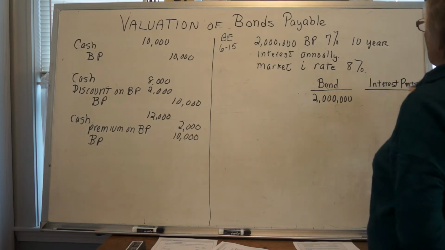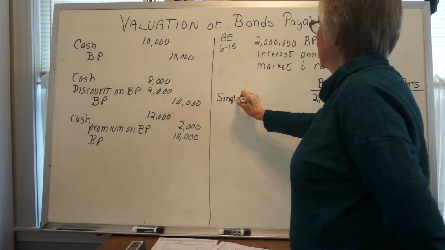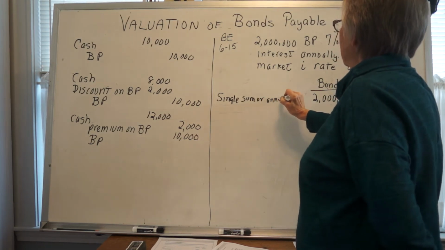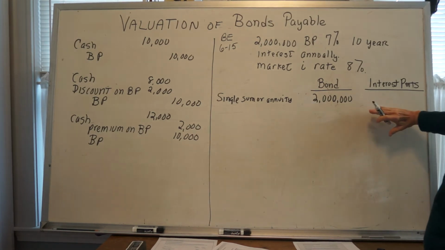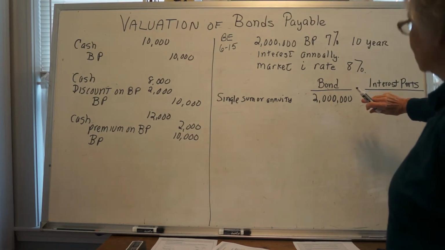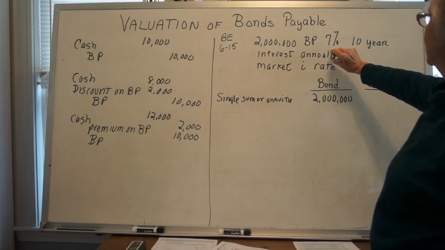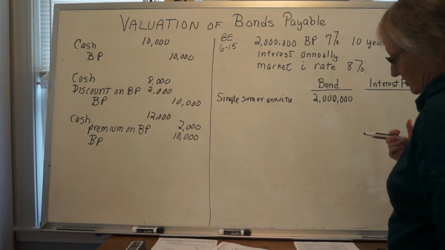Okay? And so in order to do this, when we say single sum or annuity, it's both, because we've got the single sum, the bond, and then we've got a stream of regular interest payments. We have to compute the interest on this, so we would take the $2 million times 7%, and it's paid annually, so we don't have to divide it in two or anything.